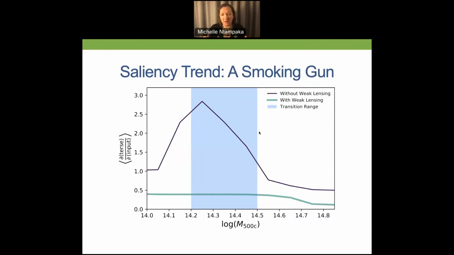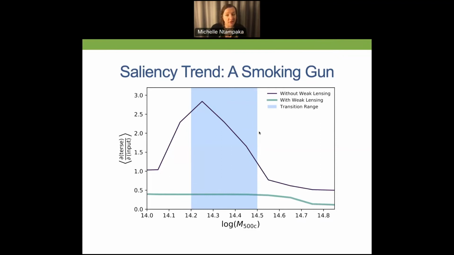It's pretty flat. When I remove weak lensing, when I take away its ability to really calibrate the masses, something interesting happens, and that is that it starts paying attention to the middle mass regime, somewhere around 14.2, 14.3. It becomes very sensitive to those masses.